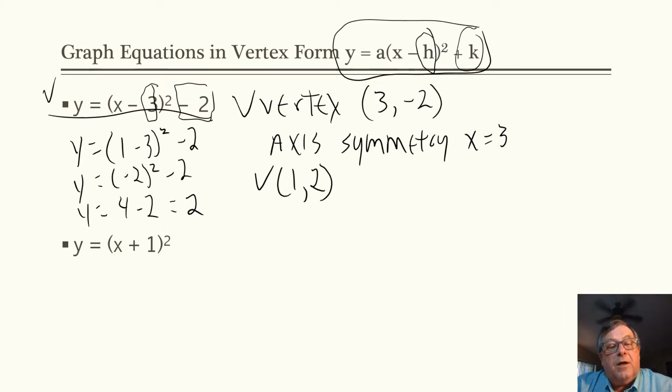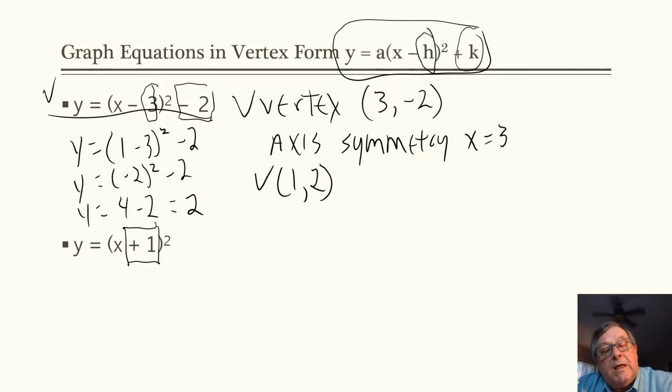All right, let's look at this other one before we move to the graph paper. Now again, what do we see here? Right here I see a plus 1. But remember, this is x minus h.